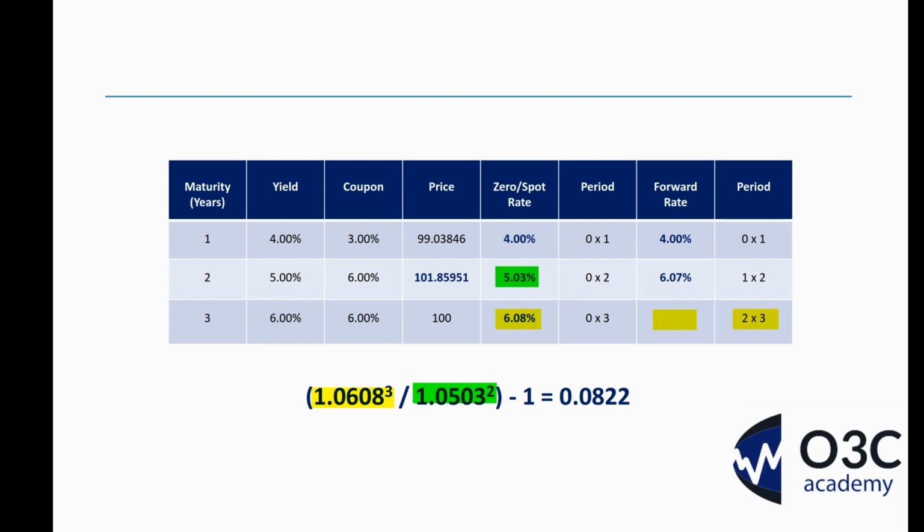That's going to give us the answer that we require. So for that 2 times 3 forward rate, we've worked out market expectations here are 8.22%. Okay, let's have a look at Excel and how we can do this in a simpler way.